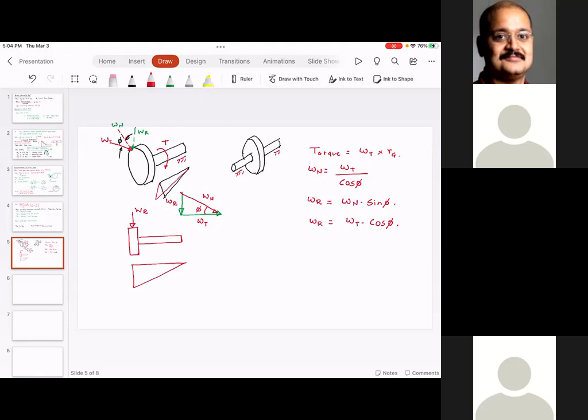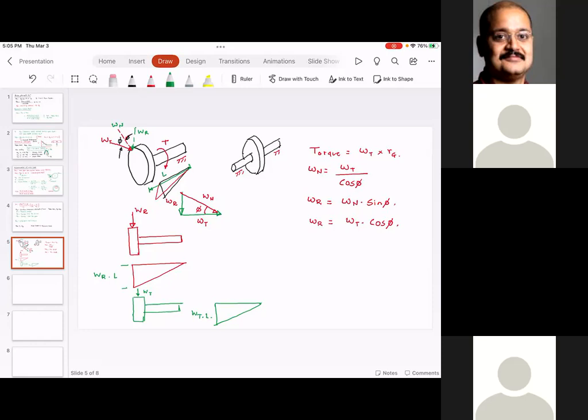If this distance is L, this moment is going to be WR times L. And if you look at the top view, you're going to see WT, and your moment will be WT times L. These two moments are perpendicular to each other.